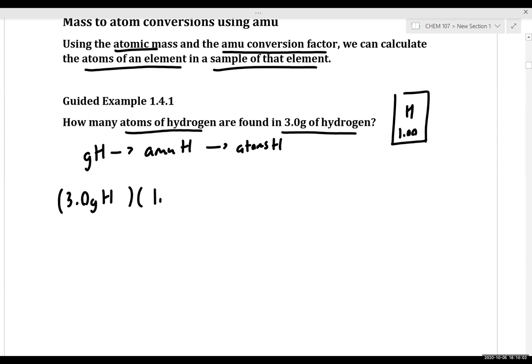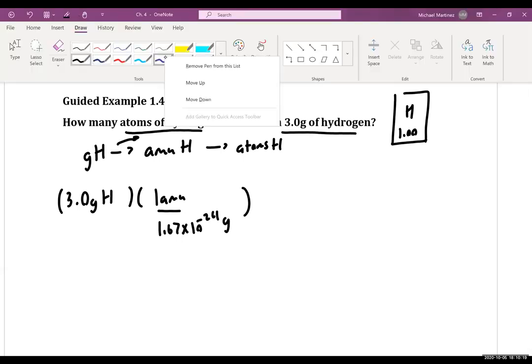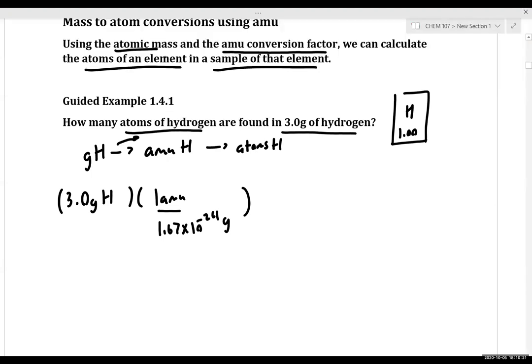So if we have 3.0 grams of hydrogen, we know that in 1 AMU, we have 1.67 times 10 to the negative 24th grams. AMUs are on top because we're converting to AMUs. Next, if we're going from AMUs to atoms, in 1 atom of hydrogen, we have 1.00 AMUs. AMUs cancel, grams cancel.